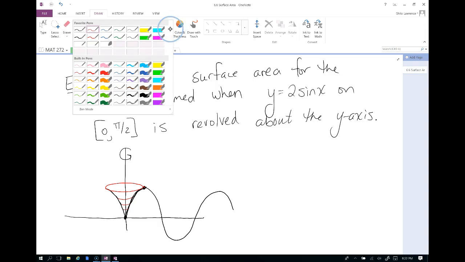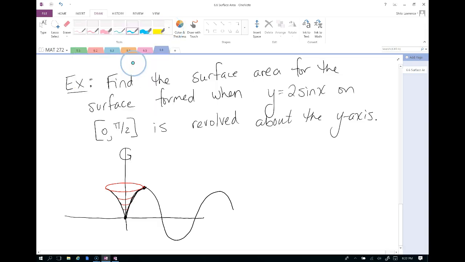Now, if you draw a representative circle on this one, this one's kind of small, might be a little harder to see. If you pick just a random point and follow it around and try to draw the radius of that circle, the radii are going to be measured horizontally. So horizontally means in the x direction. So we're just going to put an x in for the radius.